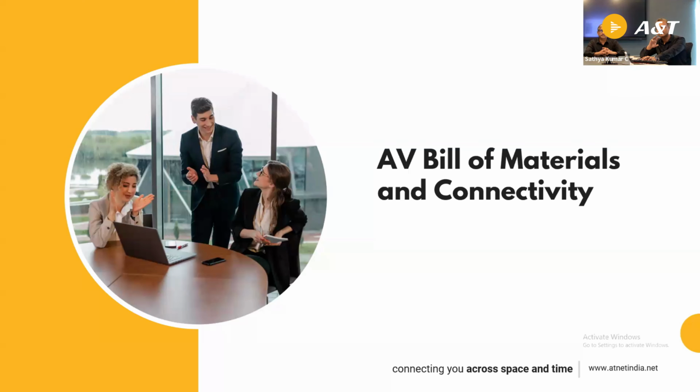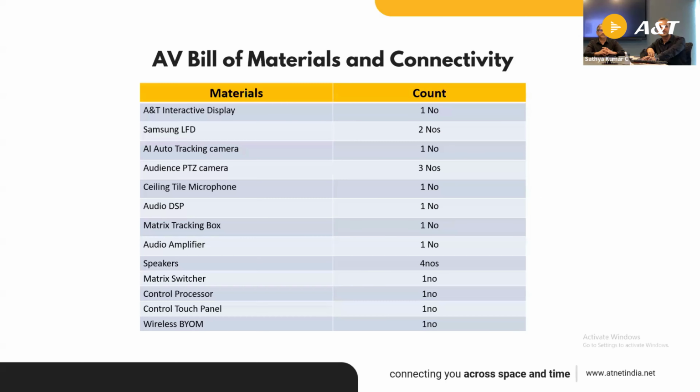Let me quickly go through the bill of material which is integrated here. We have used one A&T interactive display at the back side for the presenter in case the presenter wants to use the whiteboard for annotation during the meeting. We also have 2 Samsung LFDs for the main display on the right side.